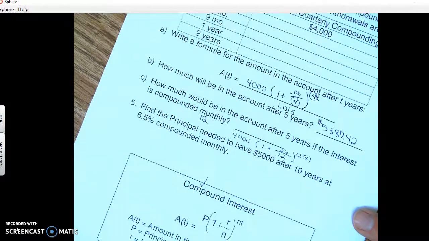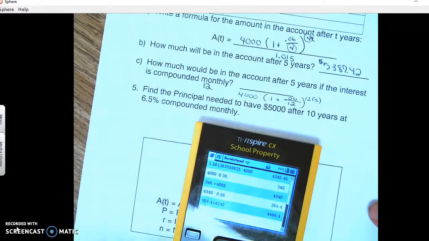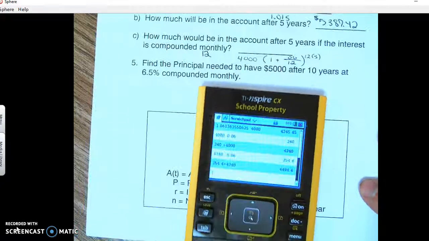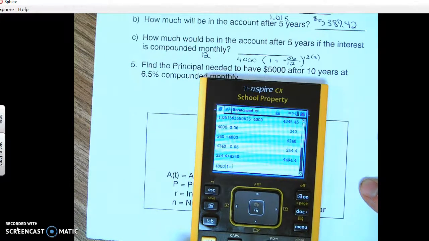So let's go ahead and figure that one out real quick. So we have 4,000 times 1 plus, and it's going to be 0.06 over 12.